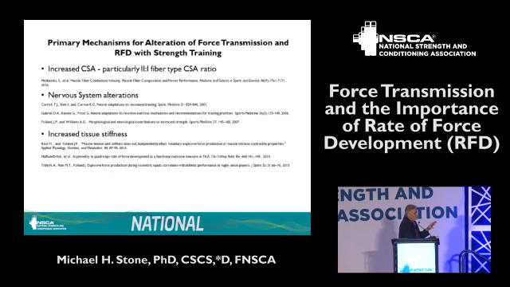But getting back to the overall presentation here, we know that force transmission, magnitude of force production, and rate of force development can be strongly influenced by the cross-sectional area, particularly the type 2 to type 1 ratio. It can be influenced by nervous system alterations and certainly tissue stiffness, and there are many studies showing these.